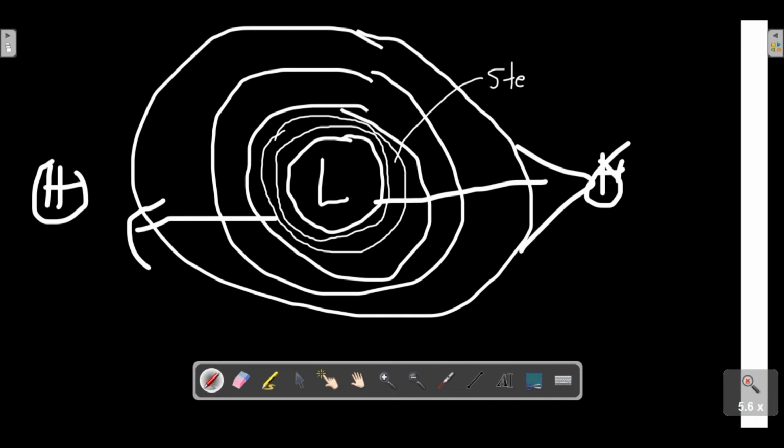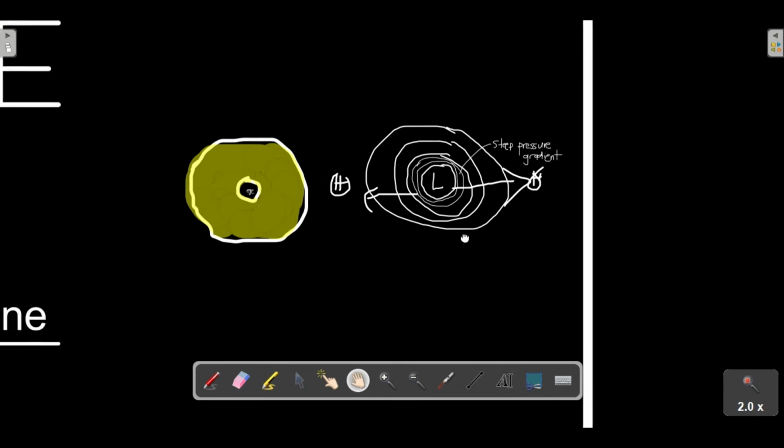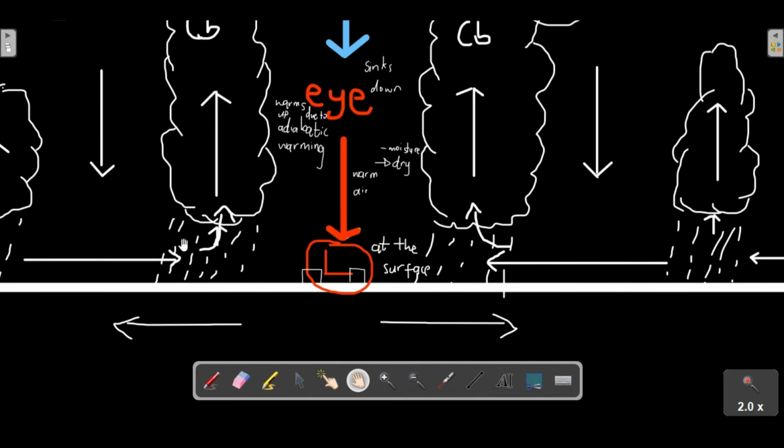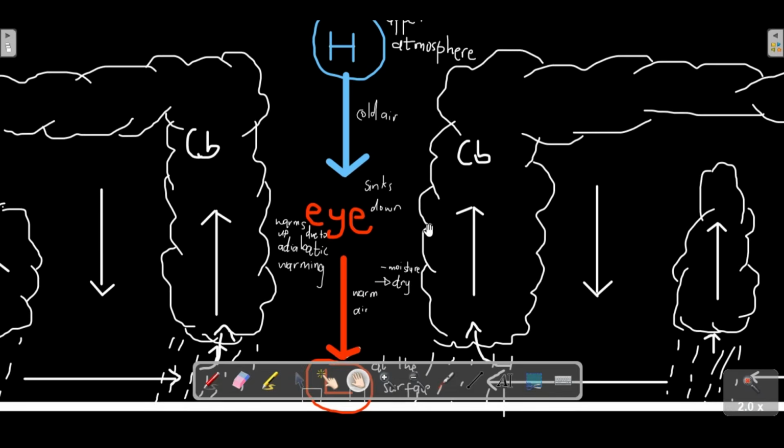Due to the steep pressure gradient, air is forced to rise up rapidly, and forms, of course, those tall cumulonimbus clouds. You can only form tall cumulonimbus clouds when there is a steep pressure gradient, and there is a steep pressure gradient as you move towards the eye.